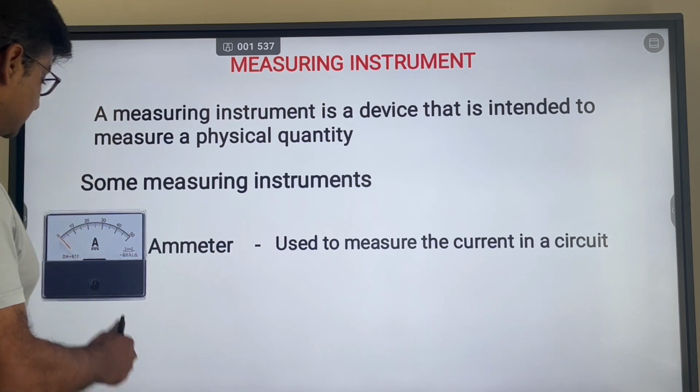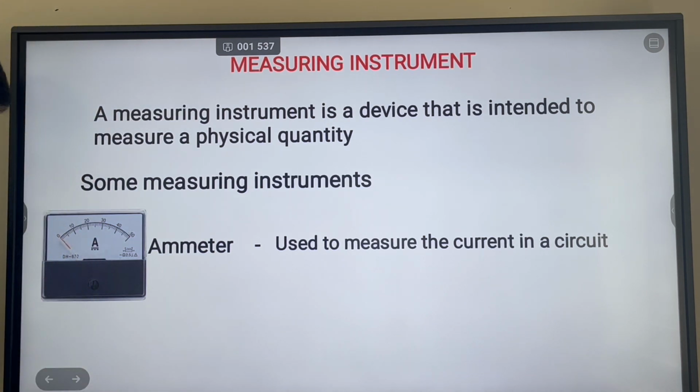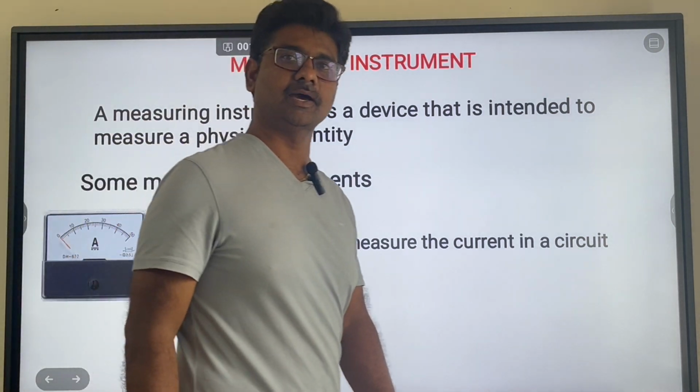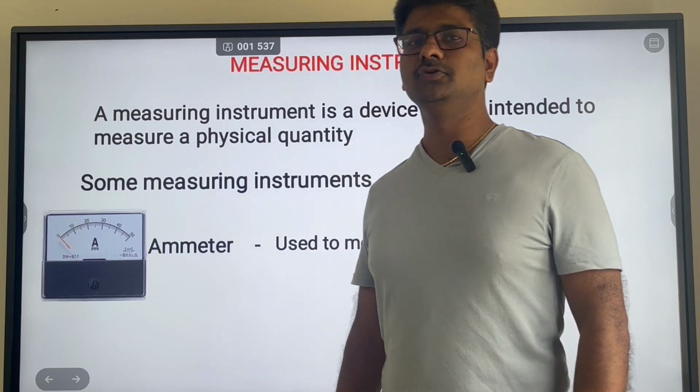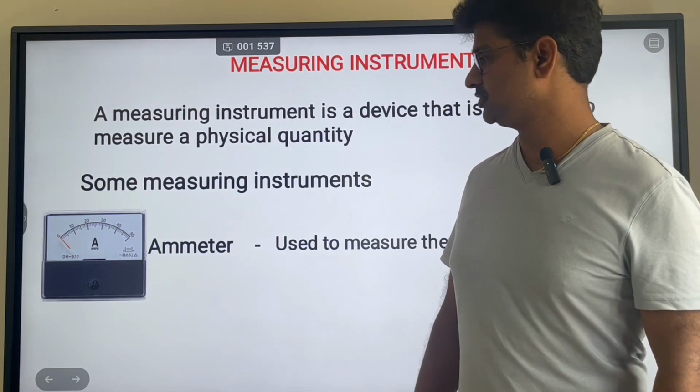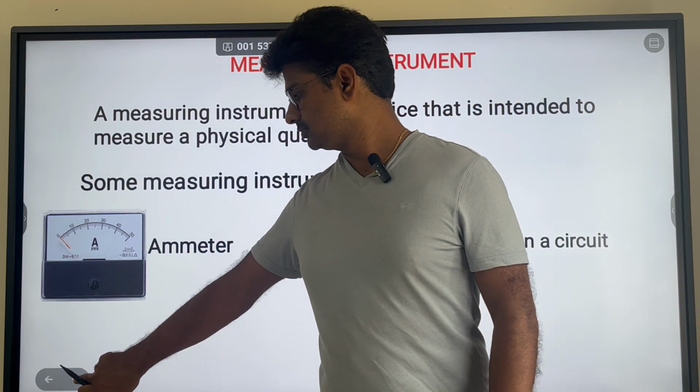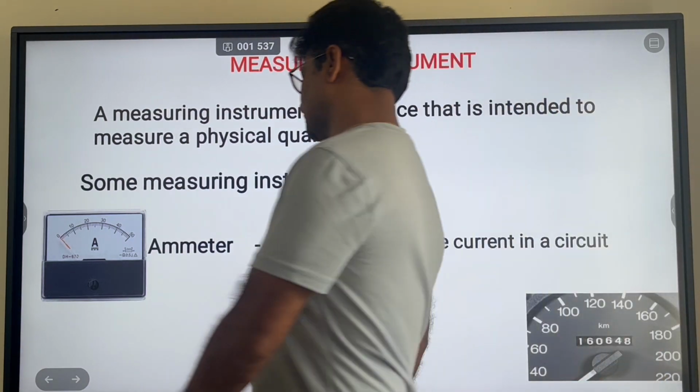So the ammeter is this one, which measures the current in amperes. In the last class we have seen the unit of current is ampere. So this is your ammeter.